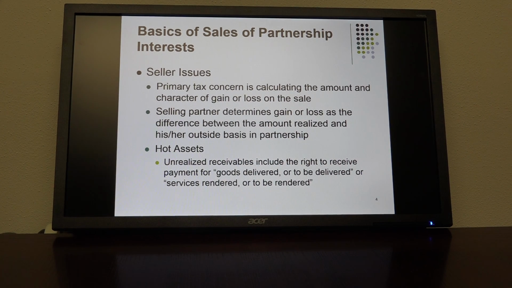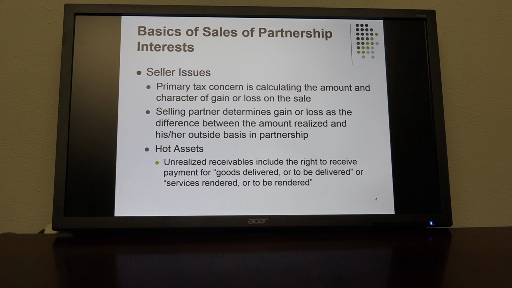So that's the one little catch. The other little catch is, and again, when you sell partnership interests, it could be to other partners within the partnership, it could be to someone outside the partnership, if it's allowed, or it could be selling back to the partnership.